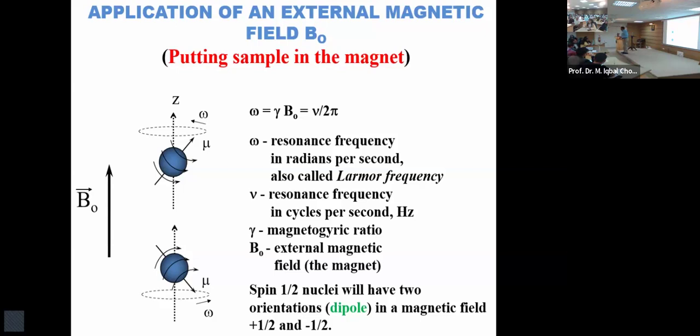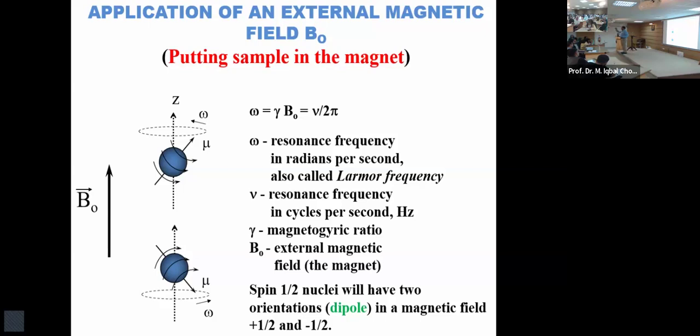As a result of it, they are different. But most importantly, the B naught is not the same for them. B naught is the same for them, but they don't feel it the same. They feel it differently.